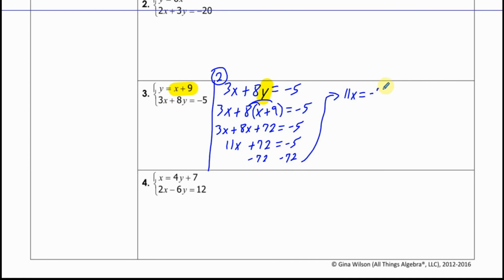That's negative 77. We're not done yet. We don't have x equals. I've got to get rid of that 11. It's 11 times x, so we divide by 11. x equals negative 7. So that's the end of step 2.